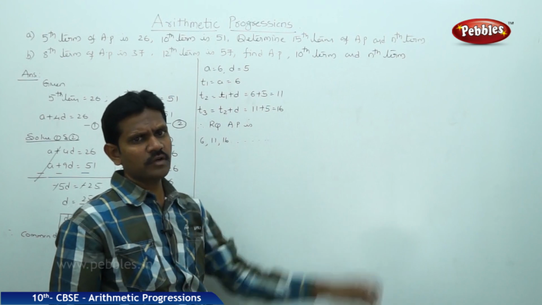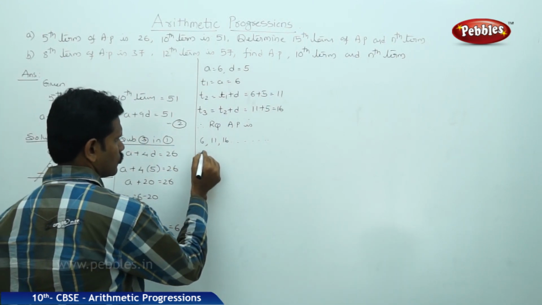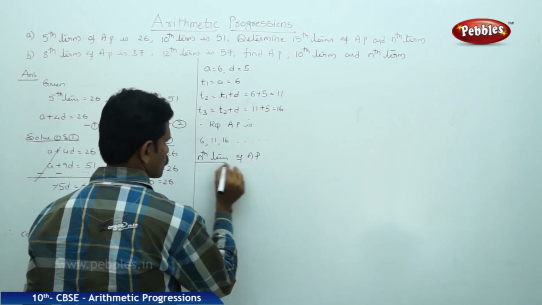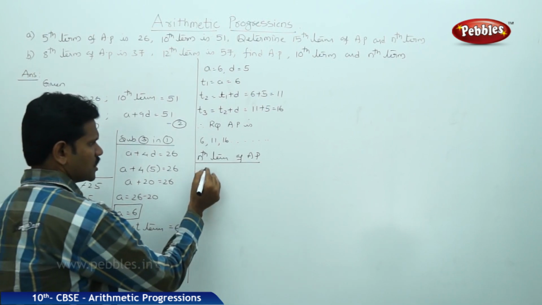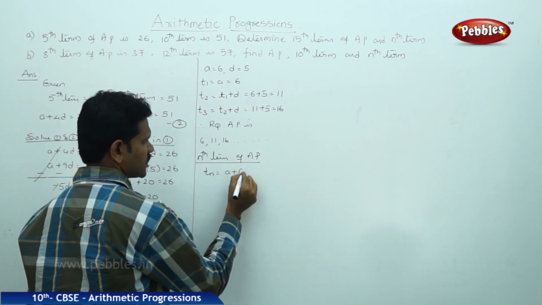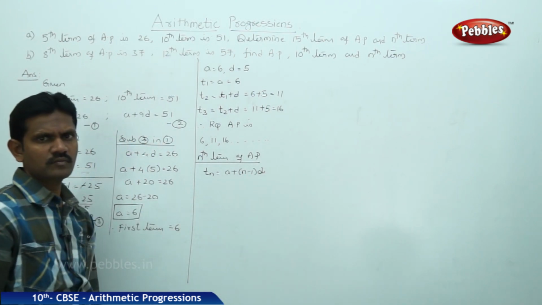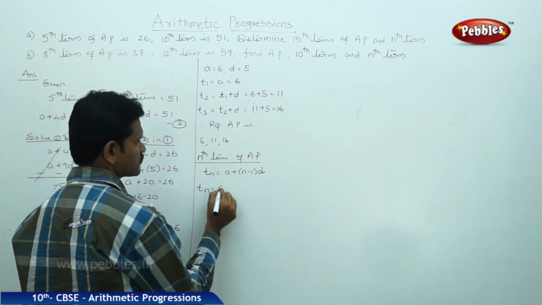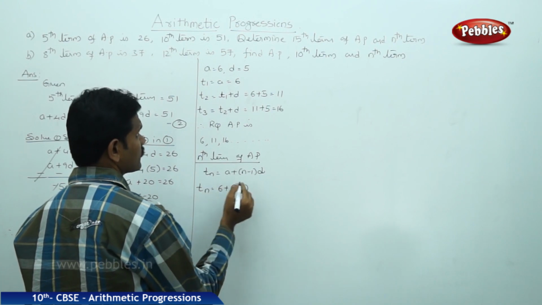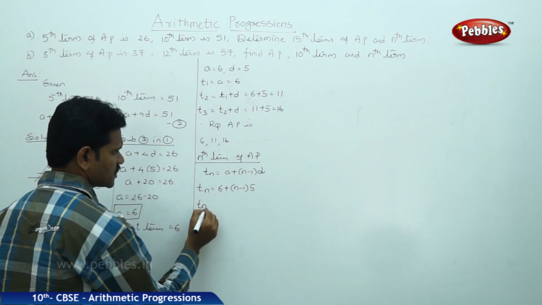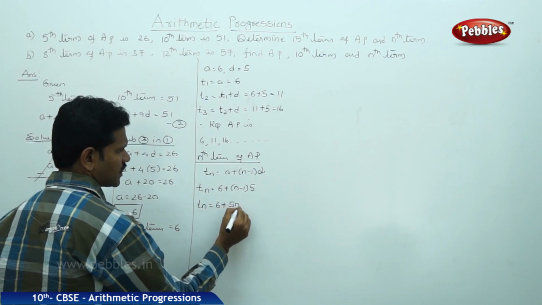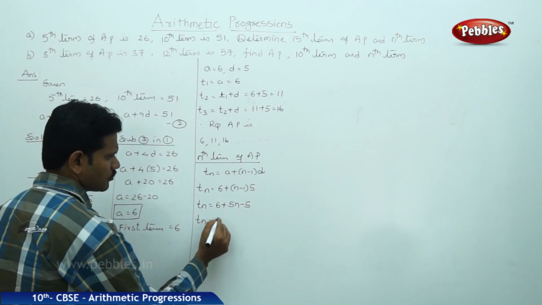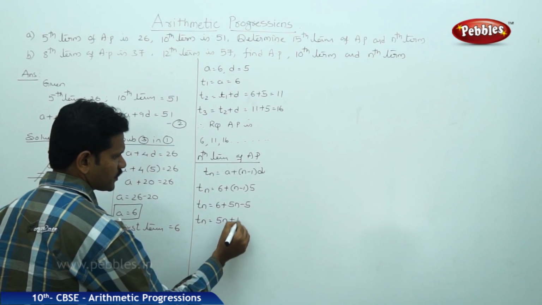After that, I have to find the nth term. The nth term of an AP, Tn is equal to a plus (n minus 1) into d, that is Tn is equal to 6 plus (n minus 1) into the common difference 5, that is Tn is equal to 6 plus 5n minus 5, that is Tn is equal to 5n plus 6 minus 5, that is 5n plus 1.